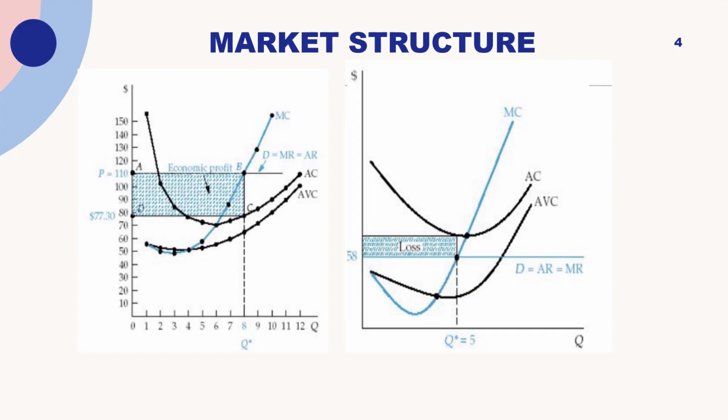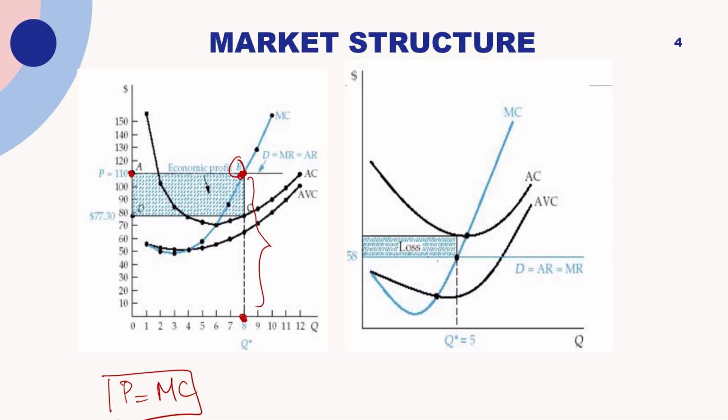In the first graph, the point where P is equal to MC is your profit maximizing point. Where is P equal to MC? At this point E. So this is your profit maximizing price and your quantity.